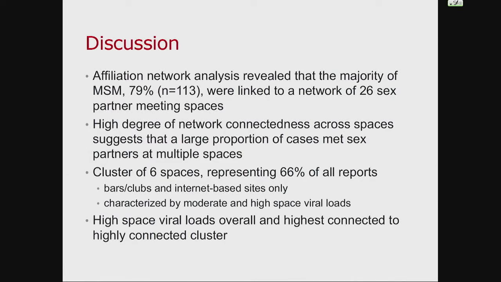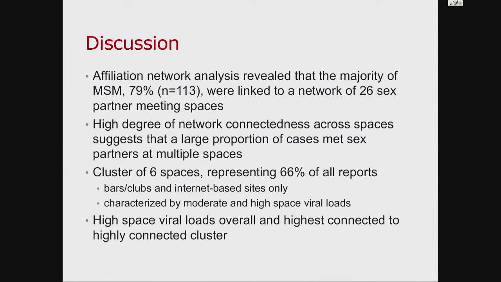So affiliation network analyses revealed that the majority of MSM, 79%, were linked to a network of only 26 sex partner meeting places. There was a very high degree of network connectedness across the space, suggesting that a large proportion of cases met sex partners at multiple venues.